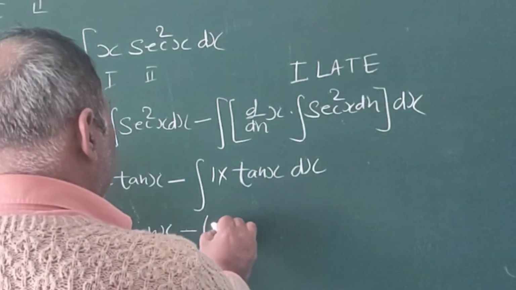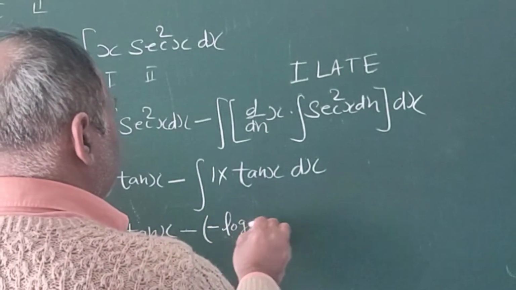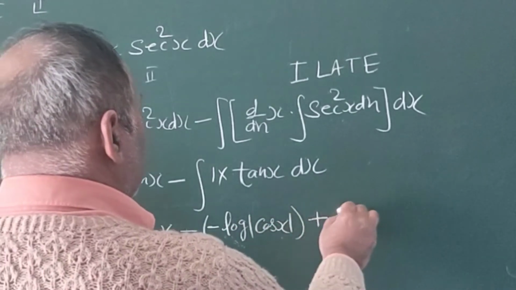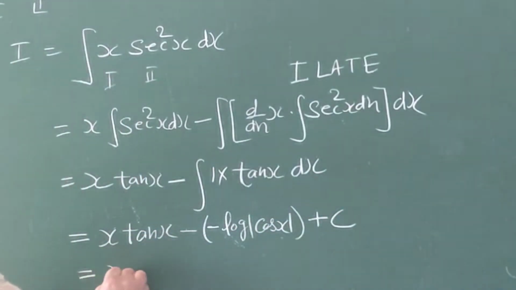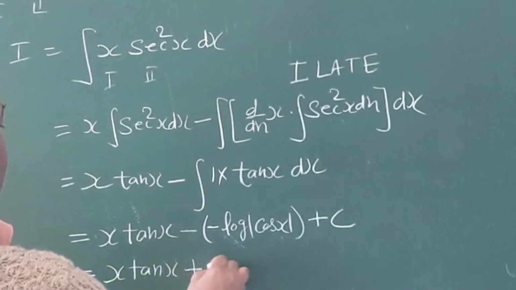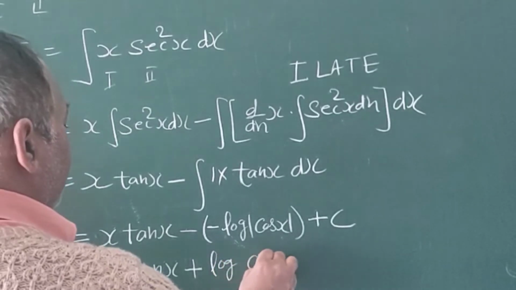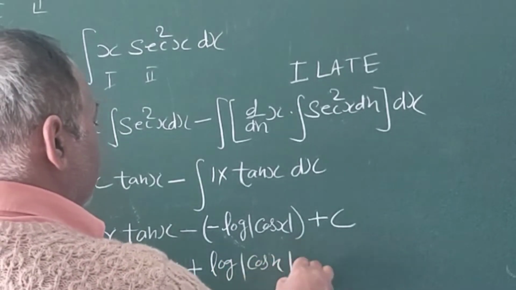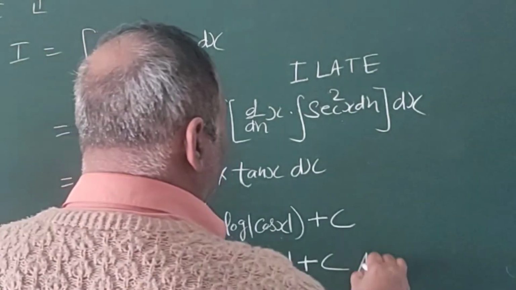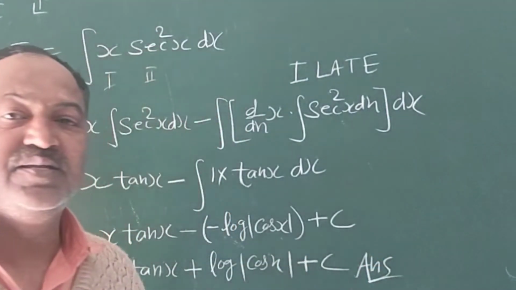So taking minus log of modulus cos x plus c, the answer of this question is x tan x plus log of modulus cos x plus c, and this is the answer of this question by integration by parts.